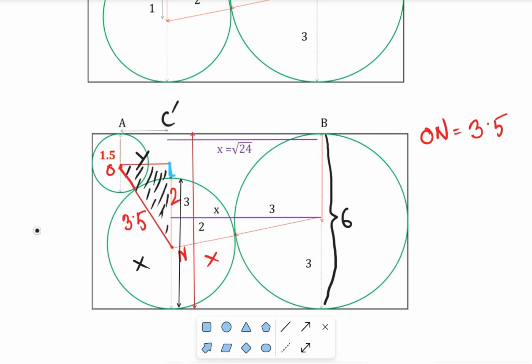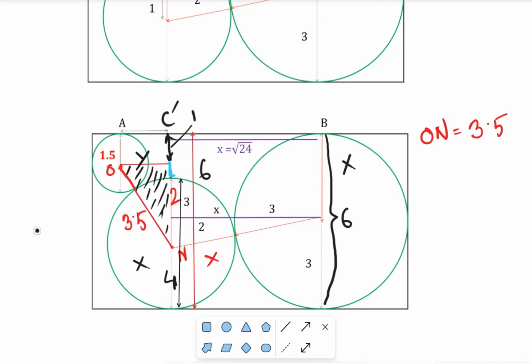So this is actually 4 unit, right? And the total diameter of the larger circle is 6, and up to this length is 1.5.